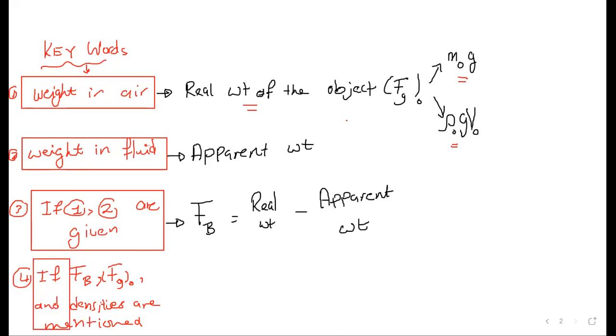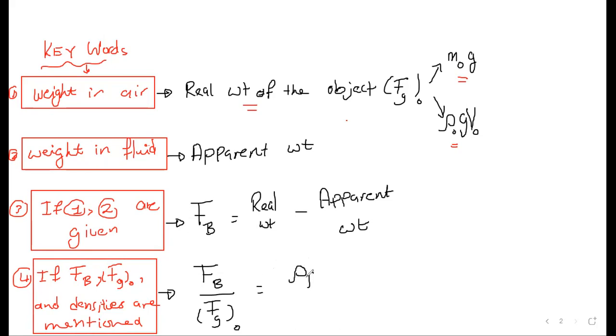We will use the formula which says F_B divided by F_G,O equals rho fluid divided by rho object.